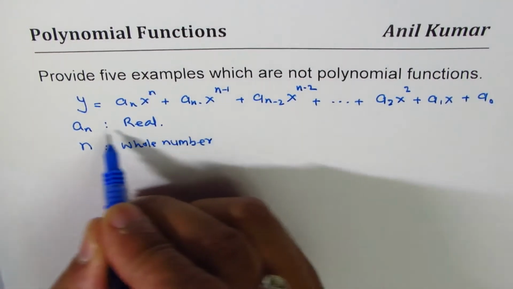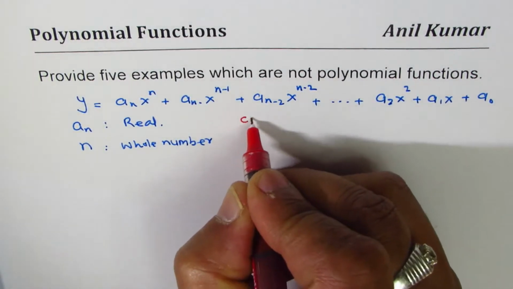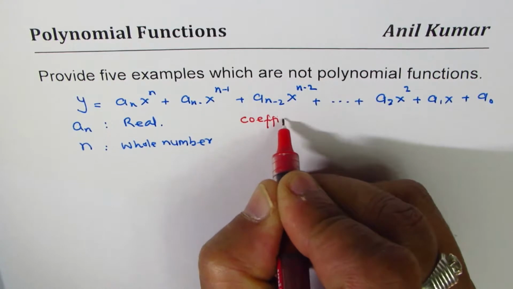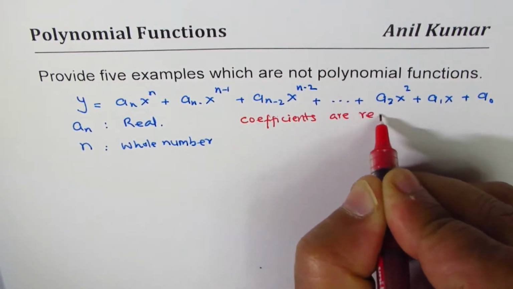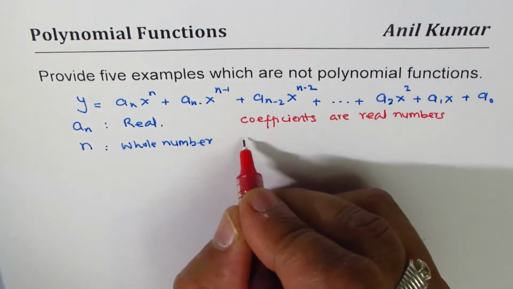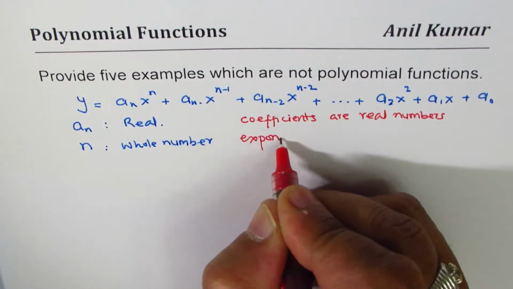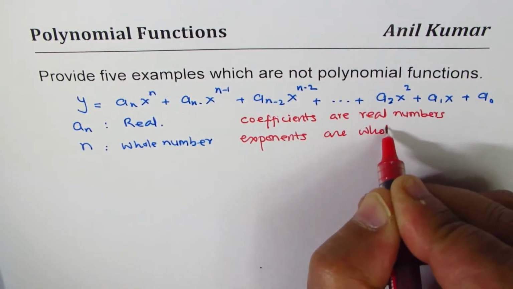So these are a's, these are the coefficients, as you know. So we can say coefficients are real numbers and exponents are whole numbers.